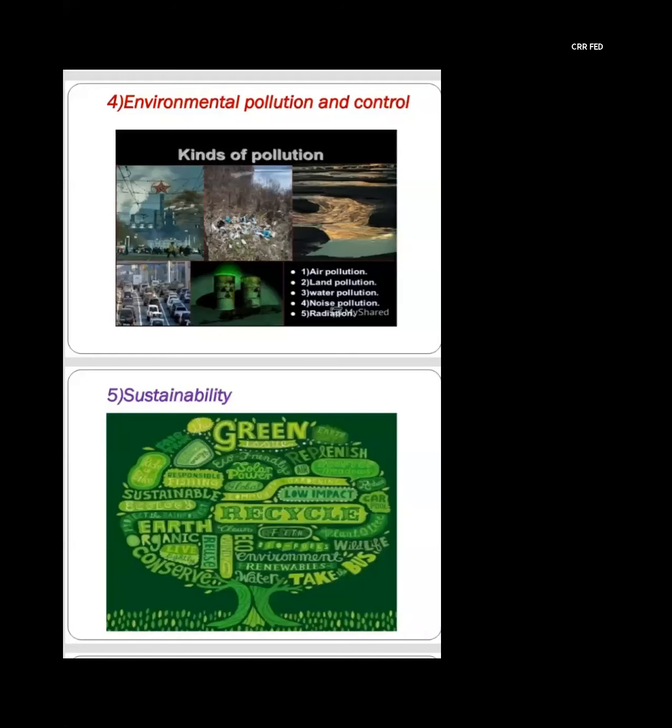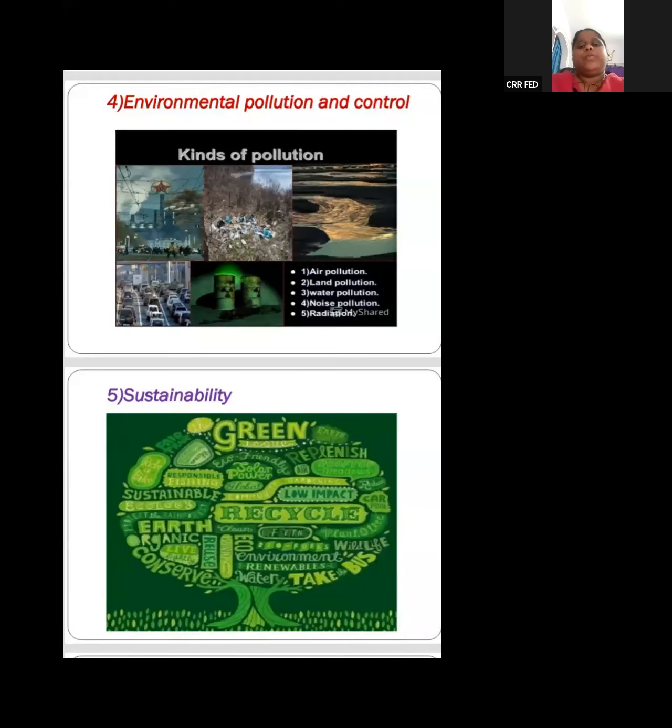Next one is we are exposed to different kinds of pollution every day. Mainly, we are exposed to noise pollution by hearing a lot of high sounds or loud music. Am I right? Okay. And also we are exposed to air pollution because a large amount of pollutants are released into the atmosphere by our automobiles and also from industries. Each and every country is taking measures to minimize this.